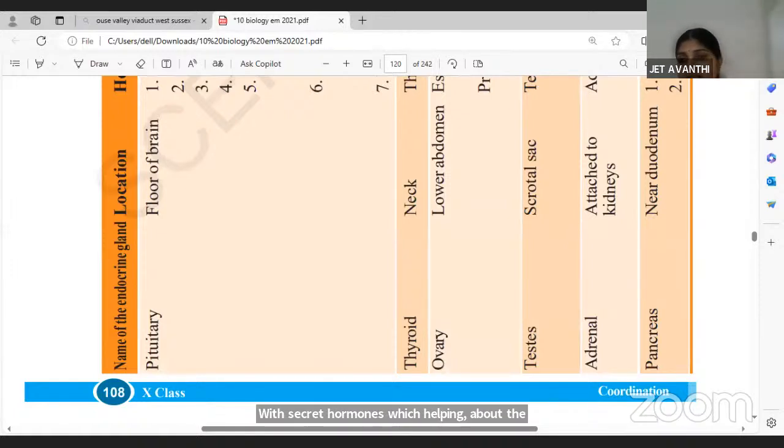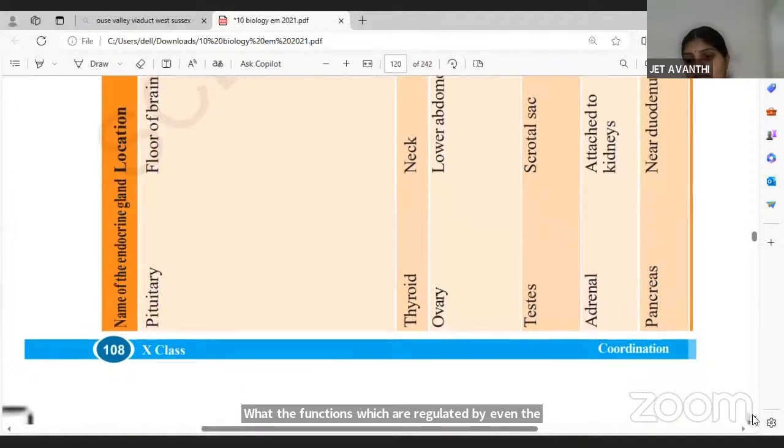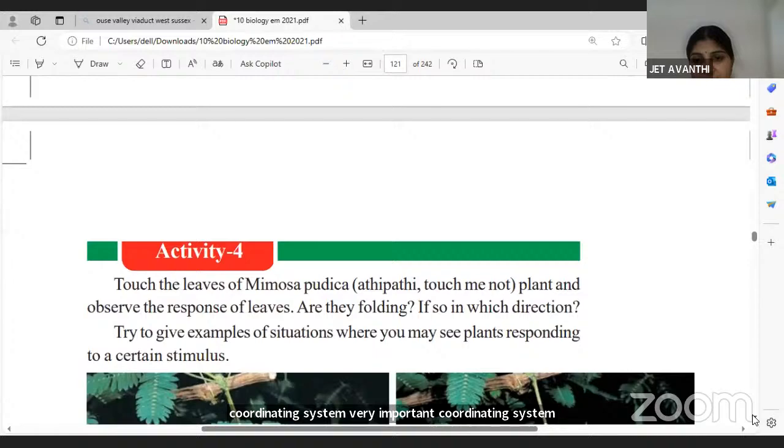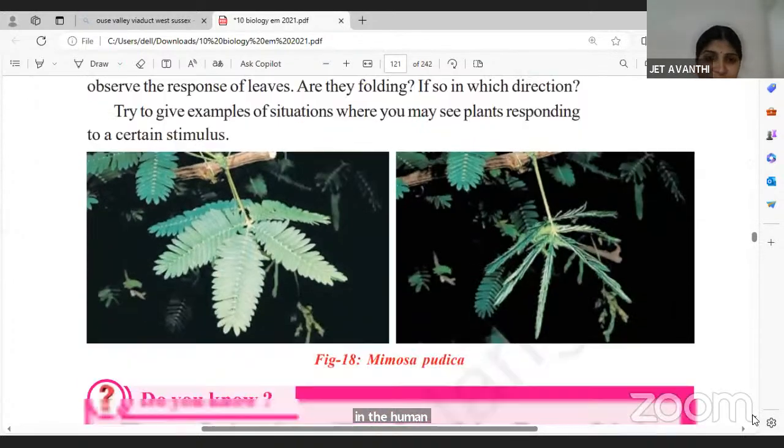There are some functions which are regulated by the hormonal secretion in the body. That is also a very important coordinating system in the human body. We have different endocrine gland locations. Please be thorough with that.